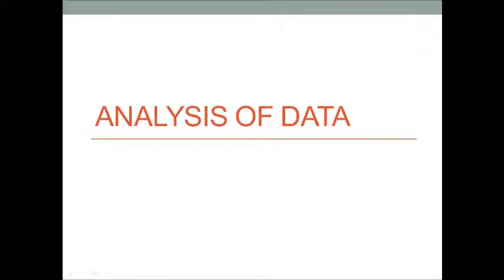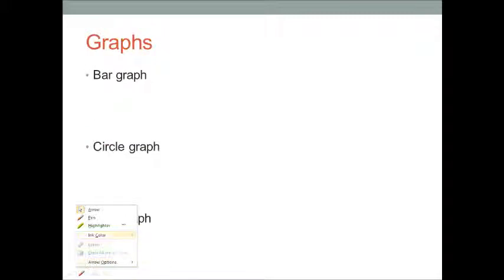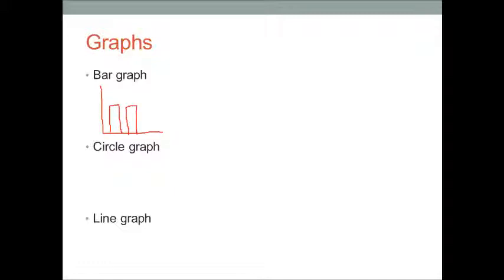We're going to start first with graphs. Graphs are essentially the pictorial form of your data, and there are generally considered three broad categories of graphs. The first is a bar graph, which is simply just bars of data along the x-axis, and your data is essentially put into different categories.